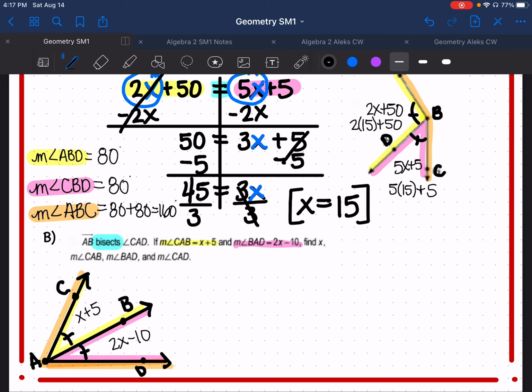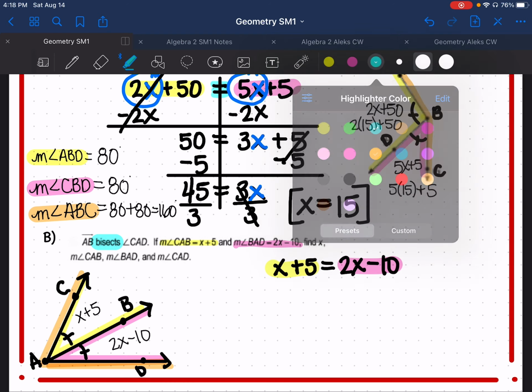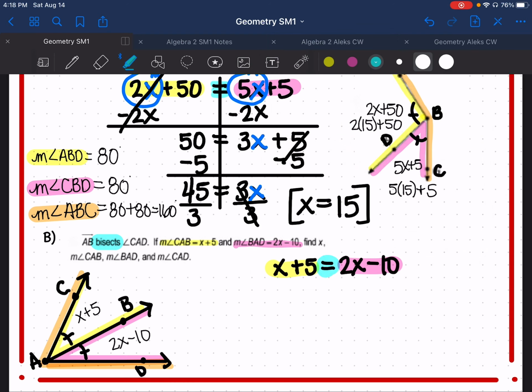I'm just going to say that the yellow angle, x plus 5, is equal to the pink angle, 2x minus 10. My yellow is equal to my pink, and it's all because of that word bisects.